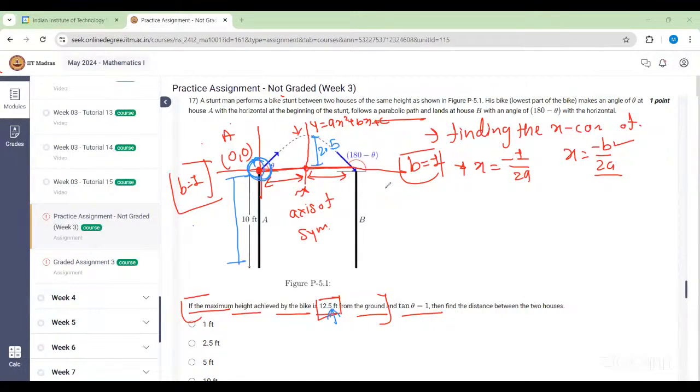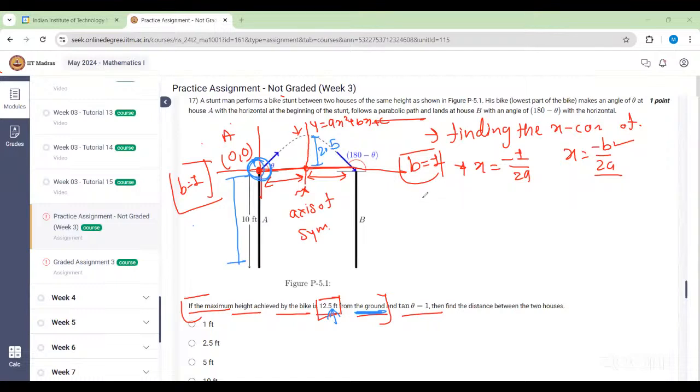Whatever maximum distance is there, that distance is now 2.5 for us. Ma'am, you are considering the roof of house A and B as the ground, as the x-axis. That's why I have to subtract 10 from this 12.5, because its maximum height is given from the ground. Okay. So it means at the vertex the height is nothing but 2.5 for us.